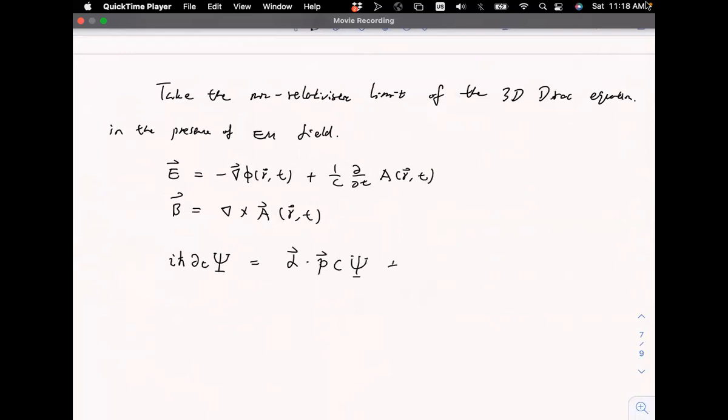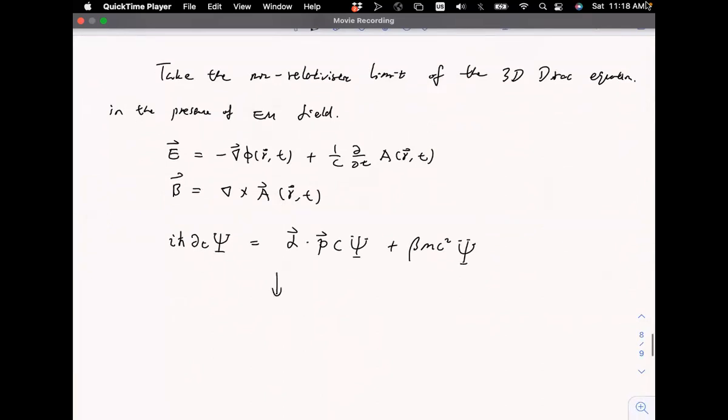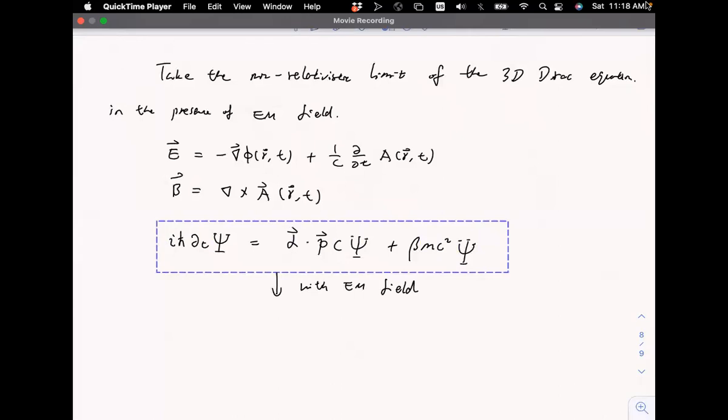So you know this is a 4x4, right? With the EM field, it will become something like this.